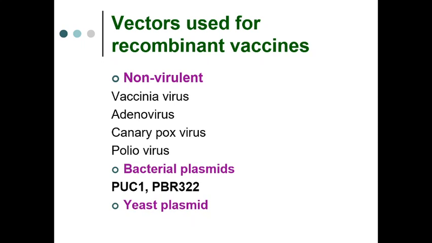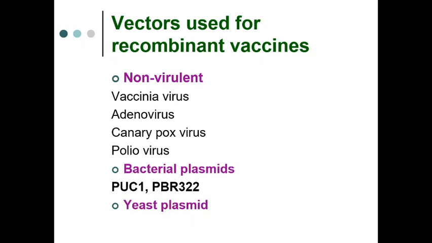In the non-virulent form, these viral vectors were used for the production of vaccines against different pathogenic organisms, especially the pathogenic viruses. And these are used for infecting animal cell cultures.